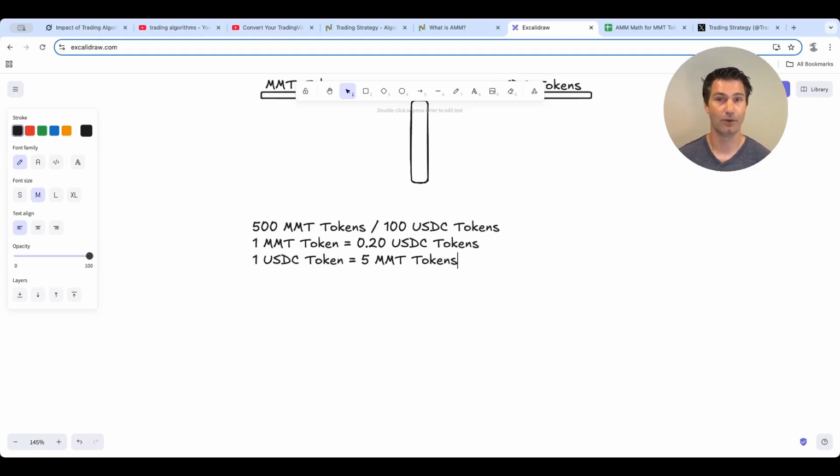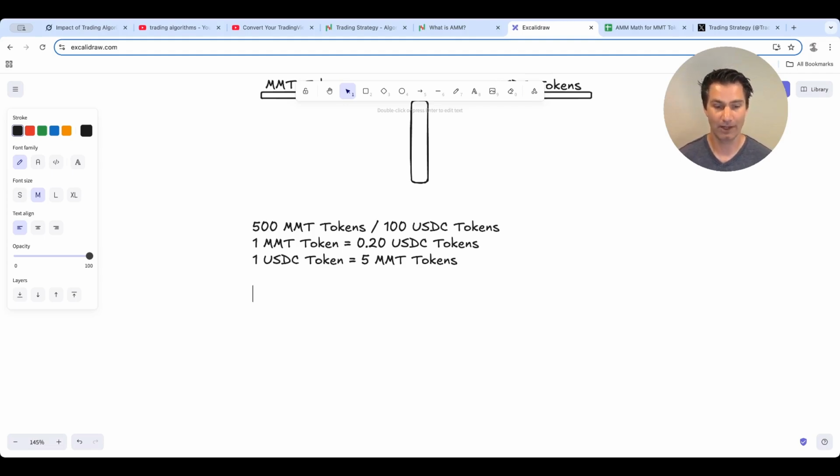And so if you come to the market, you would see that, oh, okay, I want to buy some MMT. I heard it's great, and I'm going to make that investment. It looks like they are 20 cents each. Okay, so what's going to happen? Right now, the way that an AMM works is something called a constant product.